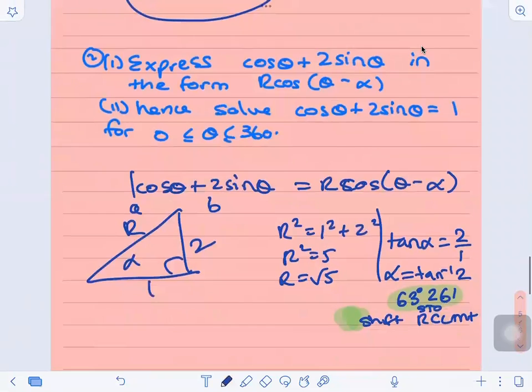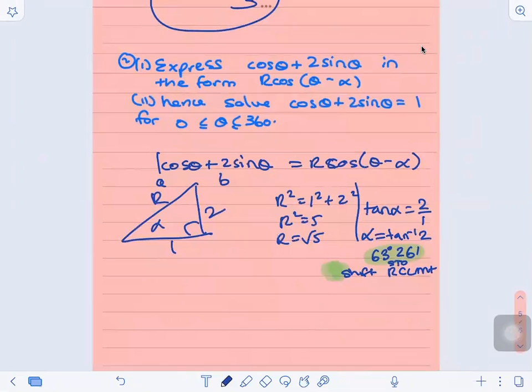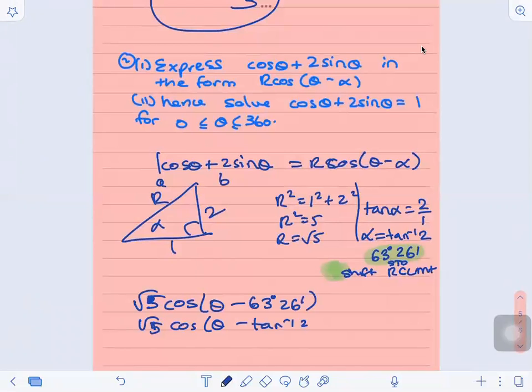Okay, so once you've got that, it's going to be root 5 cos(theta minus 63 degrees 26 minutes). You could also put it, if I wanted exact, it's minus tan the minus 1 of 2.